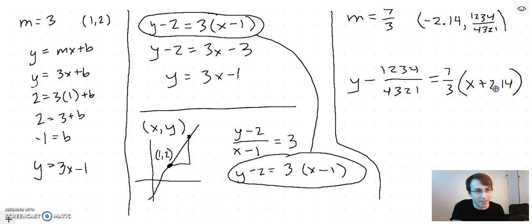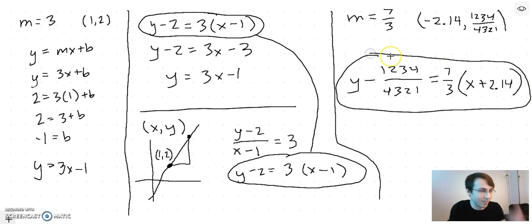That's one thing to watch out for. Whenever your coordinates are negative, it turns into positive here because you're subtracting a negative. And then boom, we're done. Didn't have to get into the nitty-gritty details of anything, just one line, and we are finished. So that's why point-slope form is so cool, because you don't have to do a lot of work.